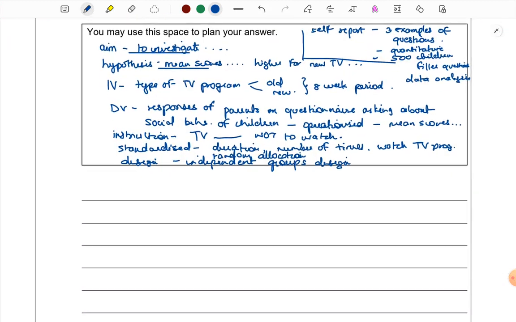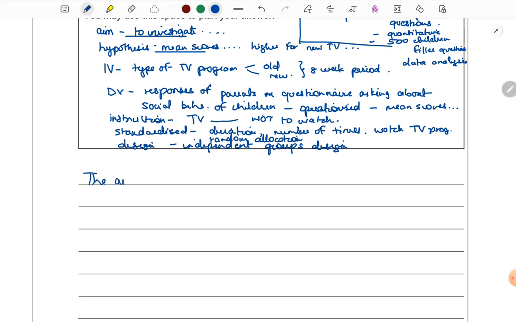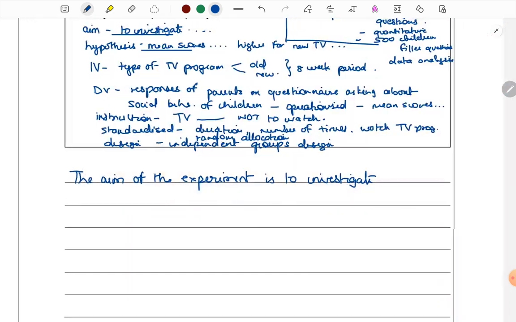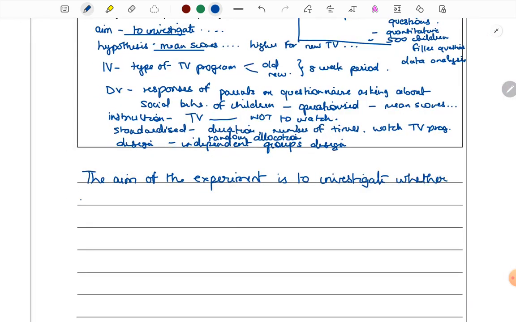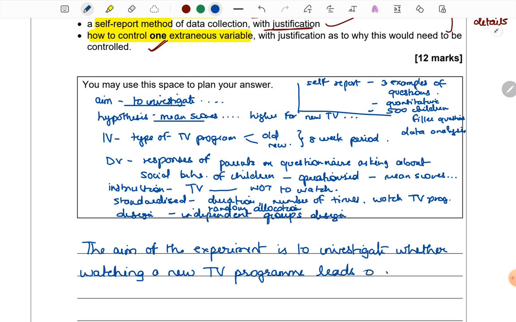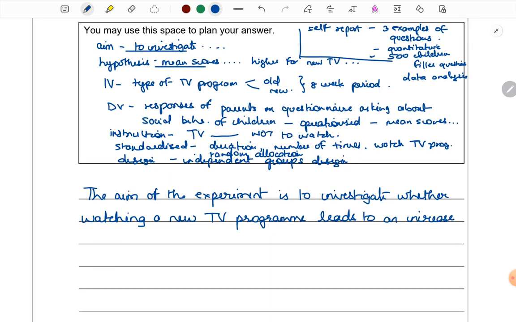Okay, let's begin with the writing. I would start off with the aim of the experiment is to investigate whether watching a new television program leads to an increase in positive social behaviors of children.